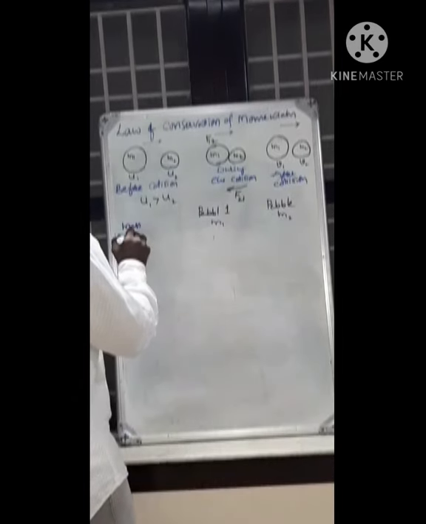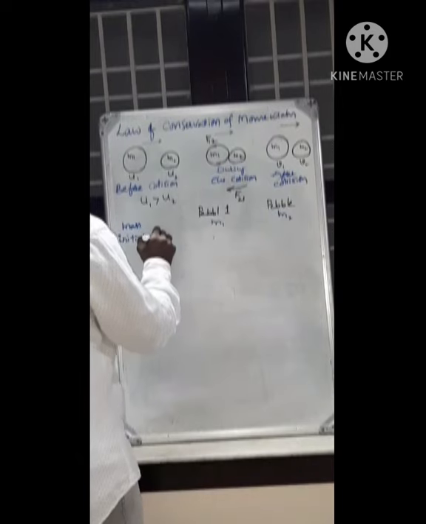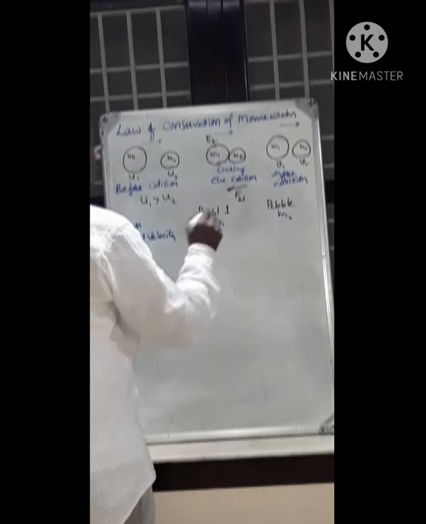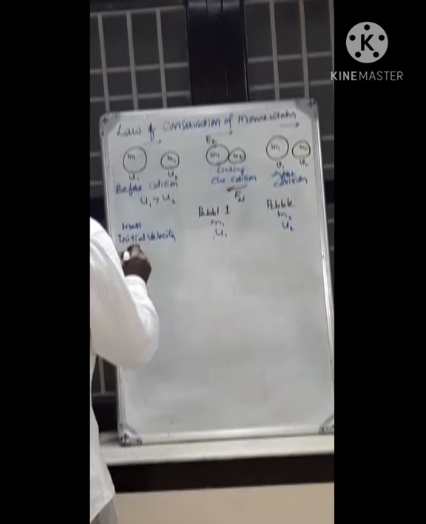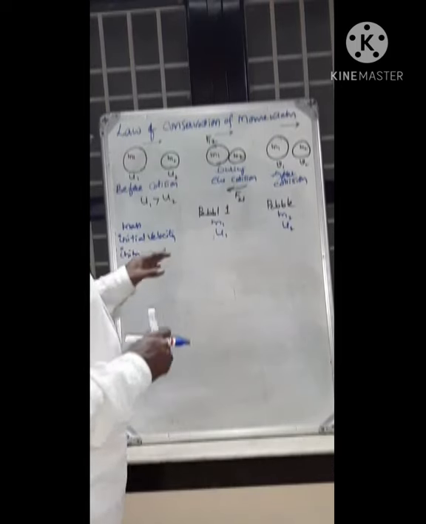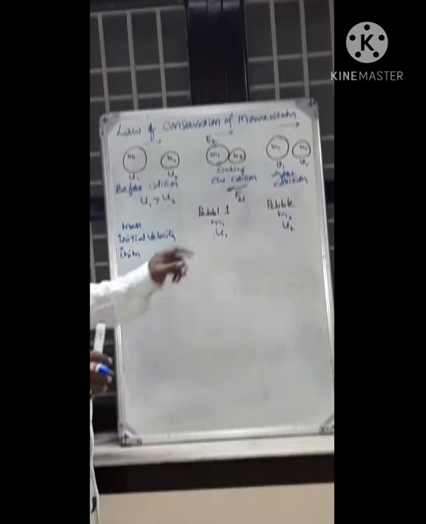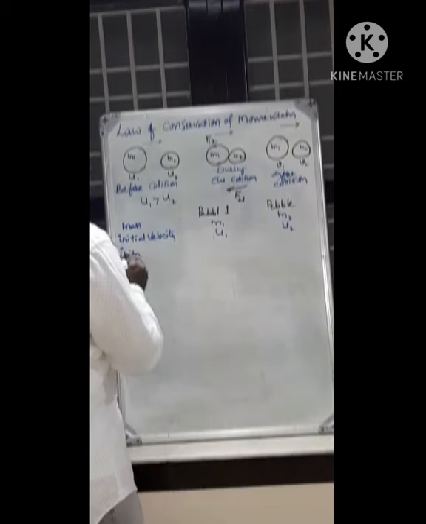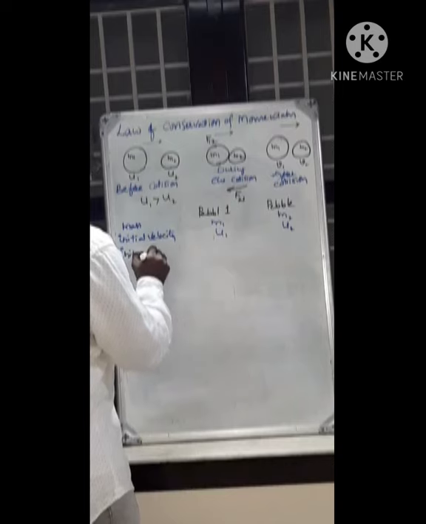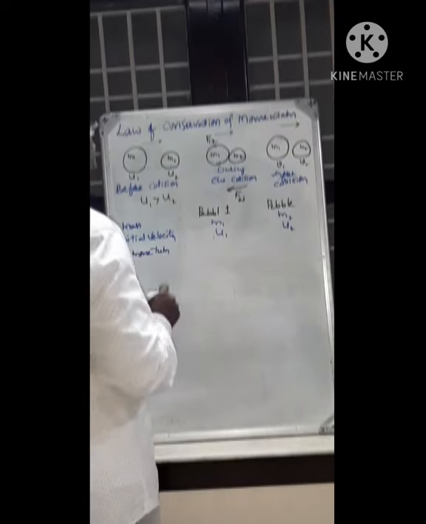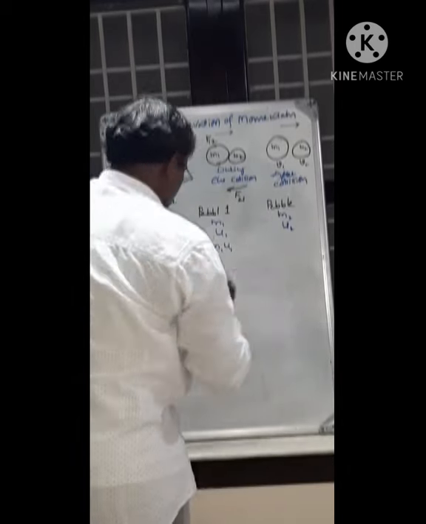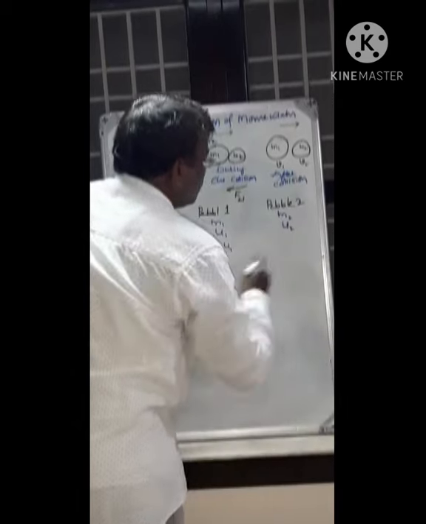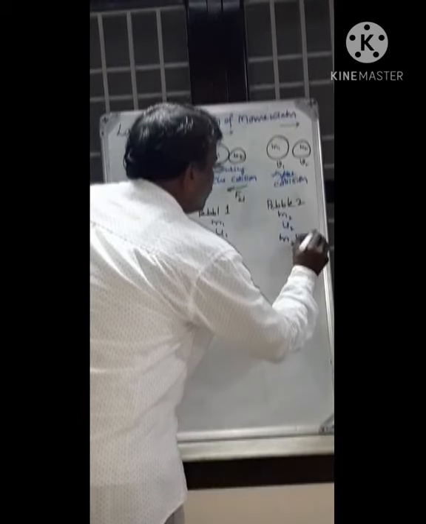Initial velocity of pebble 1 is u1 and pebble 2 is u2. Then initial momentum. The momentum is defined as the product of mass and velocity. Initial momentum is m1 u1 for pebble 1, and for pebble 2, this is m2 u2.